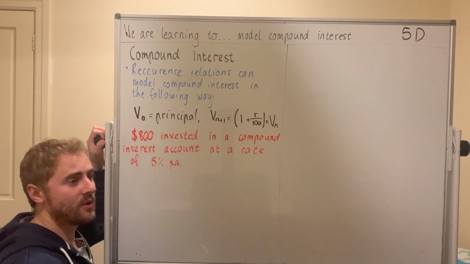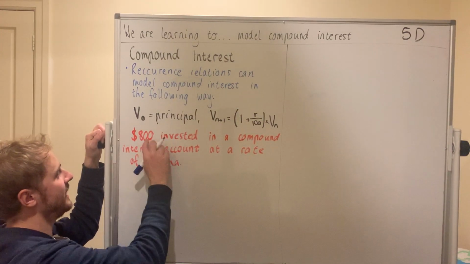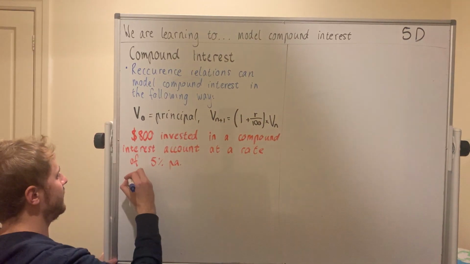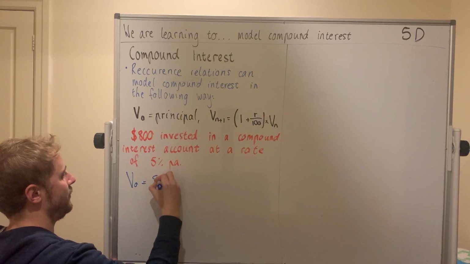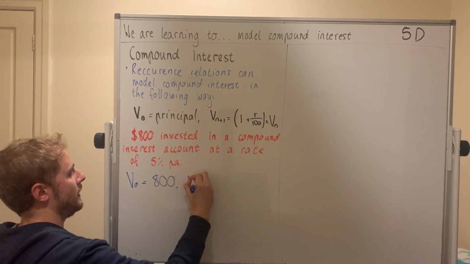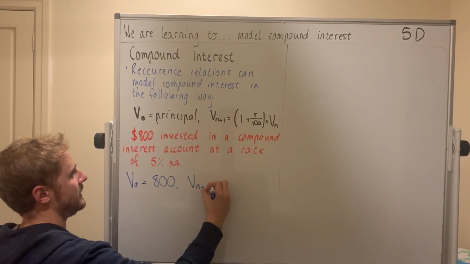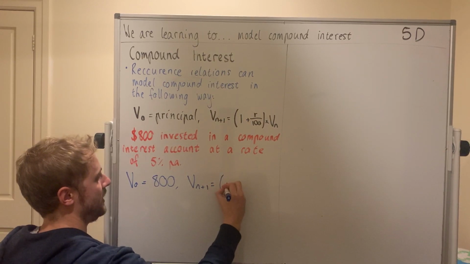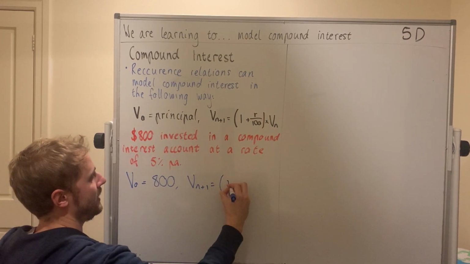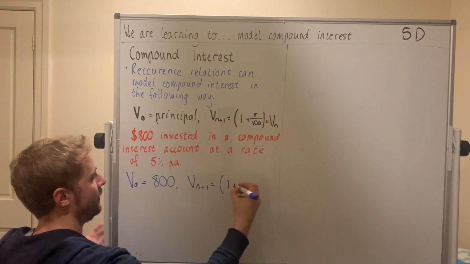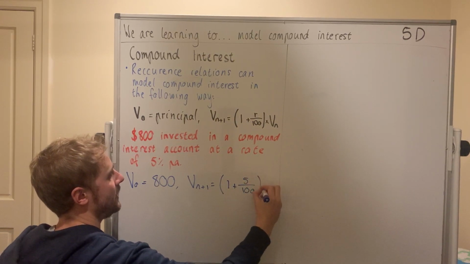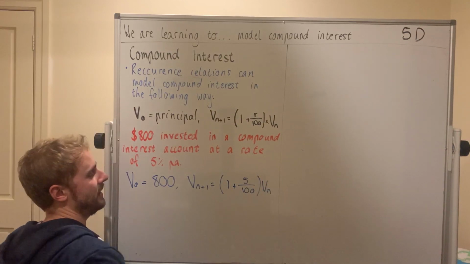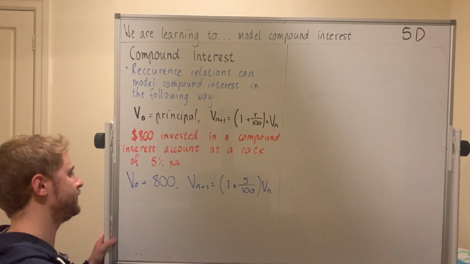Now, it's pretty straightforward. We don't have to solve really anything. It's just putting the two values in, the 800 and the 5%. That's all it is. So we've got an initial investment of 800. Our recurrence relation, Vn plus 1, is equal to 1 plus whatever the rate is, in this case 5, over 100 multiplied by Vn, or the previous term.